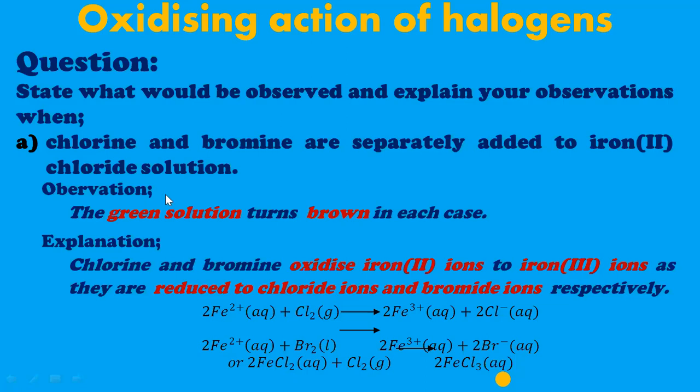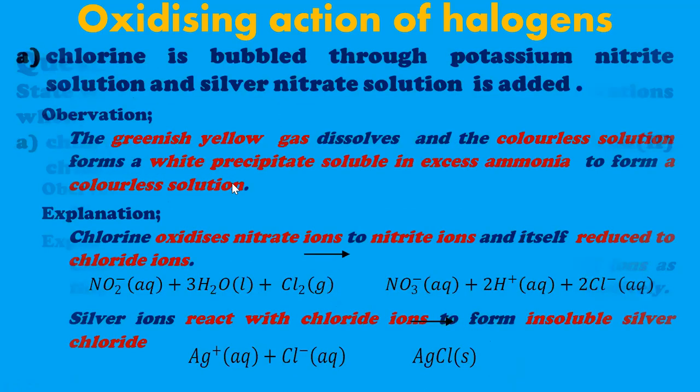These are redox reactions, but they are showing specifically the halogens being oxidizing agents. When you bubble chlorine through potassium nitrite solution, what happens? You're saying chlorine is bubbled through potassium nitrite solution and then silver nitrate is added. Sometimes these questions cheat for you the answer even before you do them.